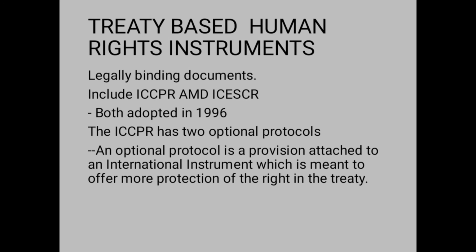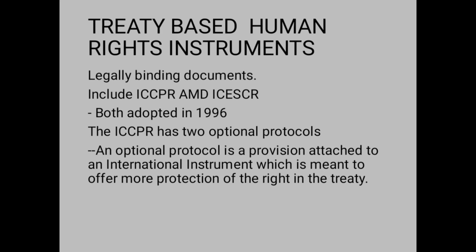So, apart from the UDHR, which was adopted in 1948 by the UN, we have the other 2 documents. Remember I said the International Bill of Rights is made up of 3 documents: the UDHR, the ICCPR, and the ICESCR.